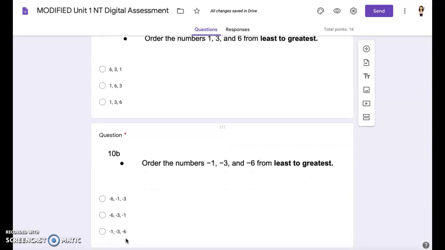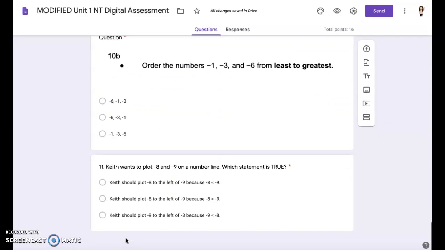Order the numbers -1, -3, and -6 from least to greatest. -6, -1, -3, -6, -3, -1, or -1, -3, -6.